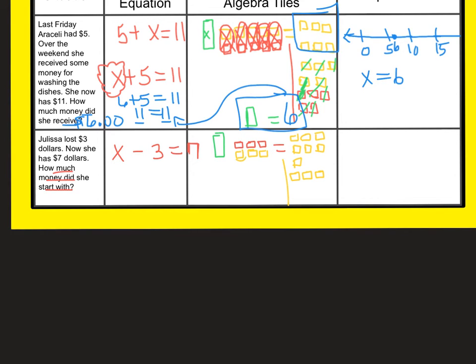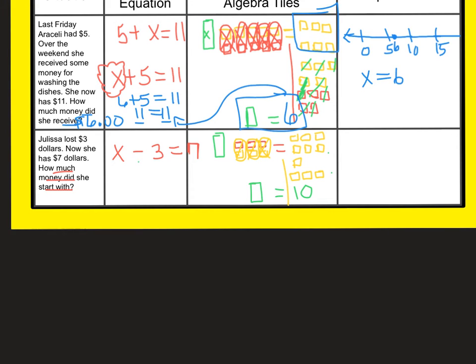What does a negative 1 and a positive 1 form? A 0 pair. So therefore, in order to solve for the amount she started with, I can see that x is going to equal, well, I have no 0 pairs here, so I'm simply adding the 7 plus the 3, and that will equal 10. And you can count all of your algebra tiles, okay?